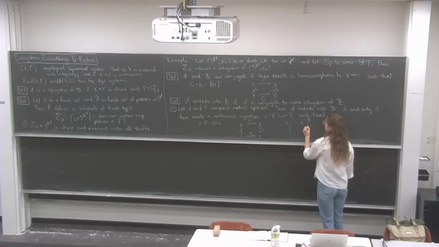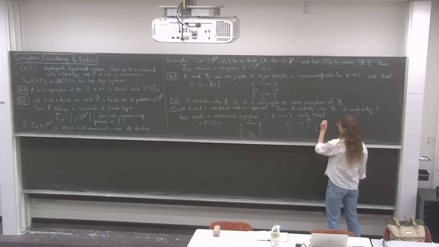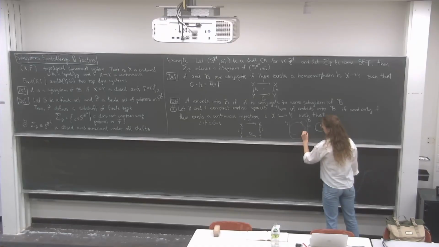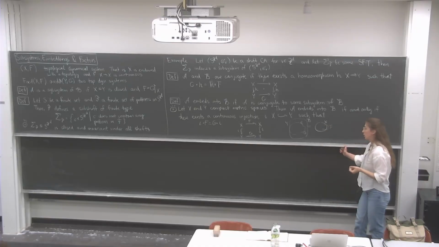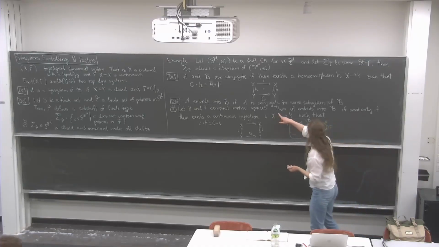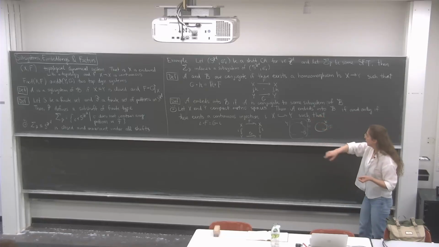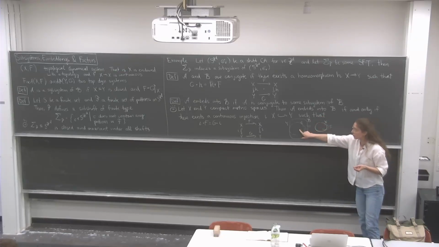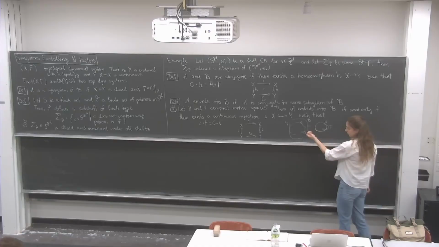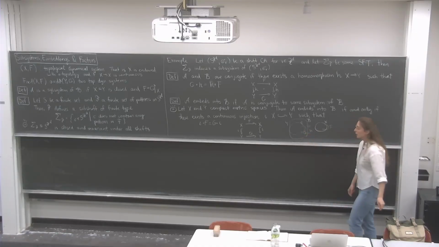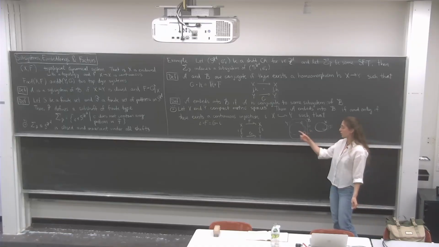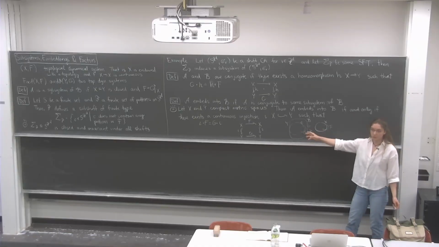And if this is conjugate to some X, with G here and F here, then there is this conjugacy from X to Y prime, which is especially also a continuous injection.